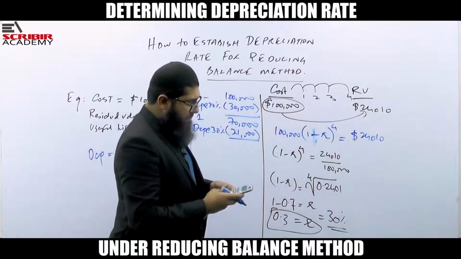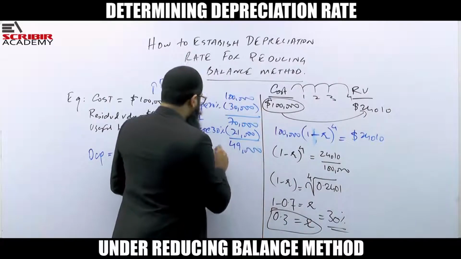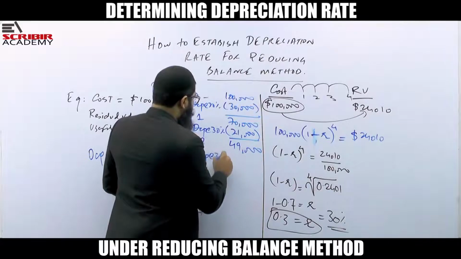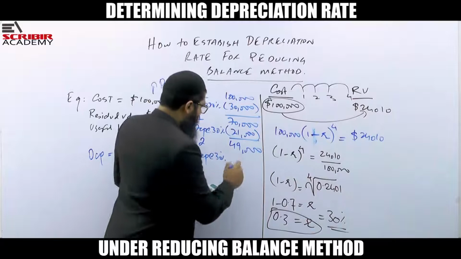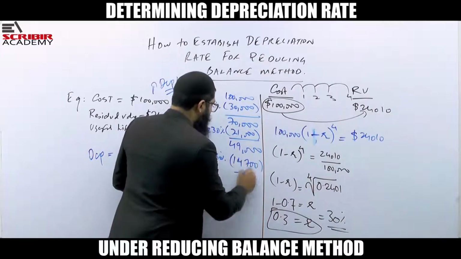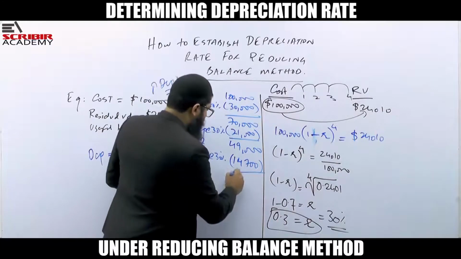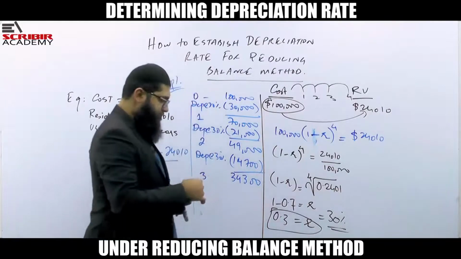So 70,000 minus 21,000 gives you 49,000 at the end of year 2. Then you depreciate it again at the rate of 30%, so you end up getting 14,700, and that leaves 34,300 at the end of year 3.